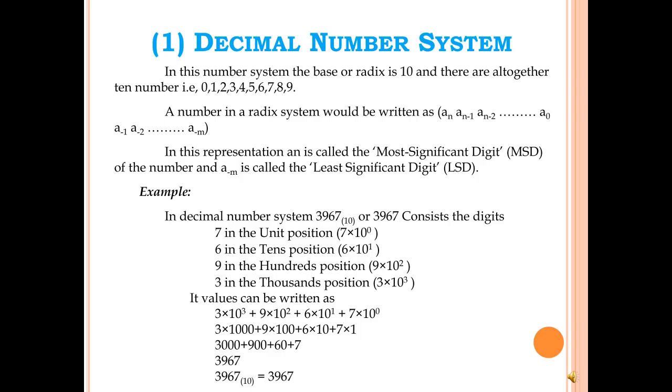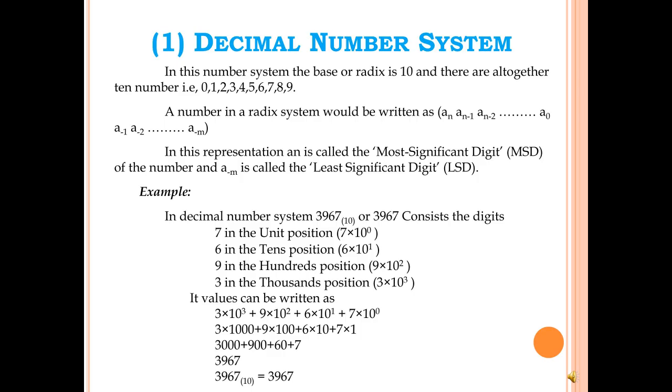Now, the value can be written as 3 multiplied by 10 to the power 3 plus 9 multiplied by 10 to the power 2 plus 6 multiplied by 10 to the power 1 plus 7 multiplied by 10 to the power 0.